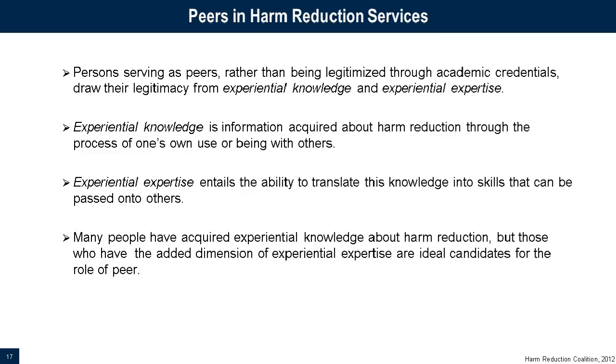Experiential expertise entails the ability to translate this knowledge into skills that can be passed on to others. Many people have acquired experiential knowledge about harm reduction, but those who have the added dimension of experiential expertise are ideal candidates for the role of peer.